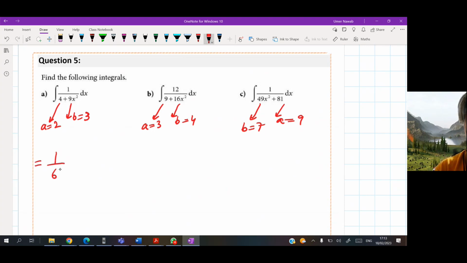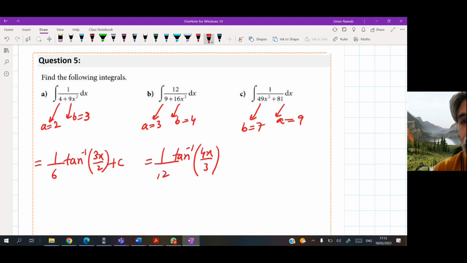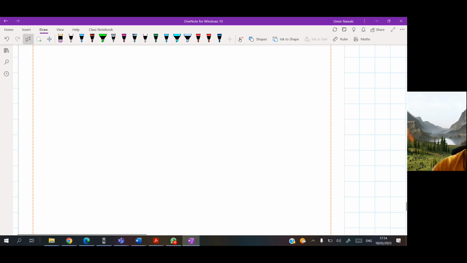Answer is 1 over 6 inverse tan 3x over 2 plus c. Answer is 1 over 12 inverse tan 4x over 3. Answer is 1 over 63 inverse tan of 7x over 9.